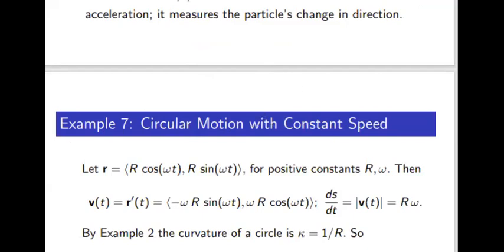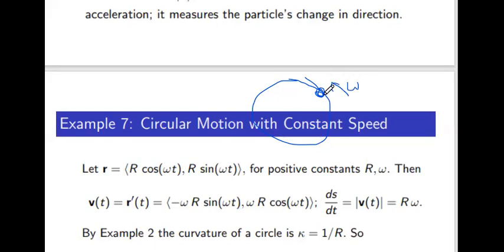If a particle is moving along this circular path, actually this is a 2-dimensional curve. This particle is moving with angular velocity omega.